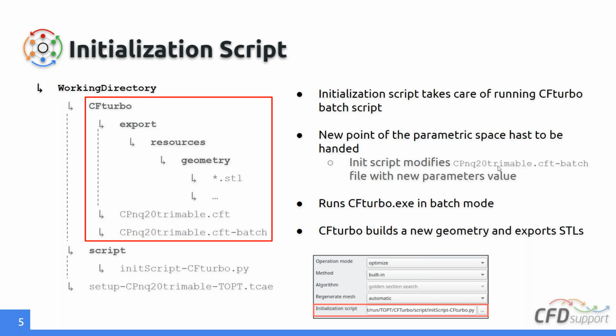Basically, the script fills in the new values of the parameters, and then we run the CFturbo exe in batch mode, like Oliver did at the end of his part. CFturbo builds the new geometry for us, and then tmesh loads this geometry and the simulation run continues.